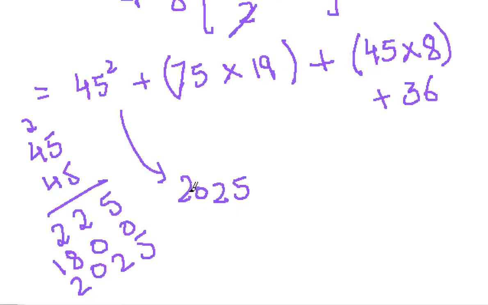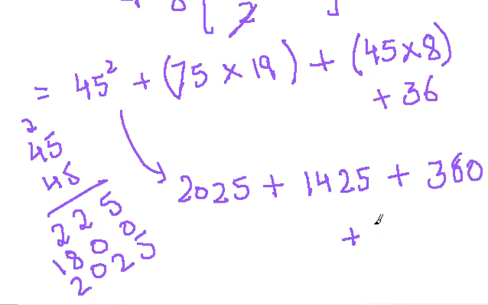Now what is 75 into 19? 75 into 20 we know is 1500, minus 75 is 1425, plus what is 45 into 8? 80, 160, 240, 320 plus 40, 360, plus 36. Now we simply need to add these four terms.